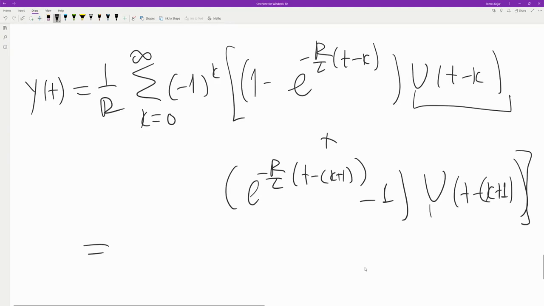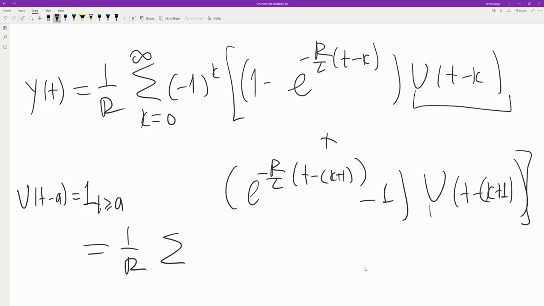Recall that u of t minus a is equal to the step function, t bigger than a. So it forces k to go up to t for one term and t minus 1 for the other.